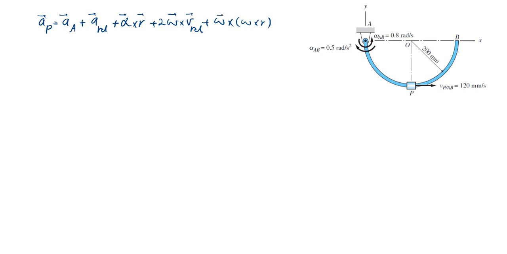Now, looking at this one, well, A is not moving, right? Point A is fixed, so there is no acceleration there. AP, I know nothing about it. That's what I'm trying to find.